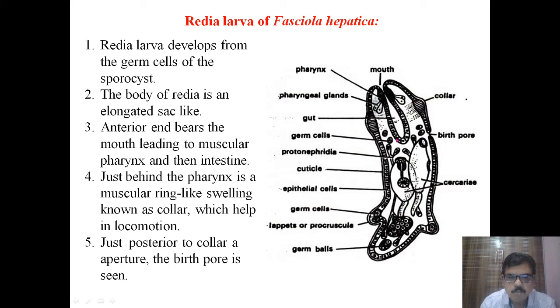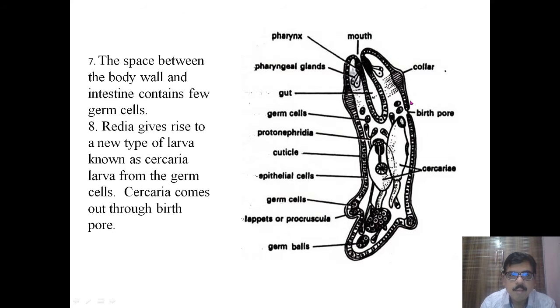Then just posterior to the collar, an aperture, the birth pore, is seen. Just behind the collar, there is an opening that we call the birth pore. The space between the body wall and intestine, this is the intestine and this is the body wall, the space between these two possesses a few germ cells.